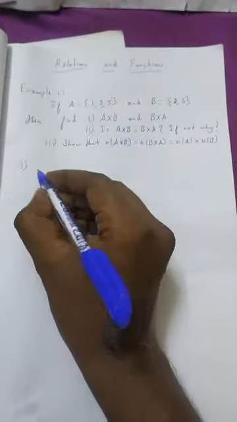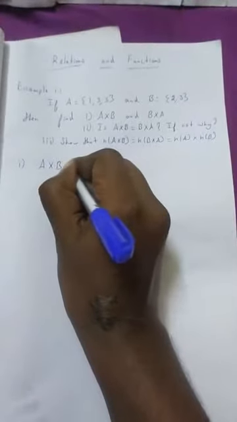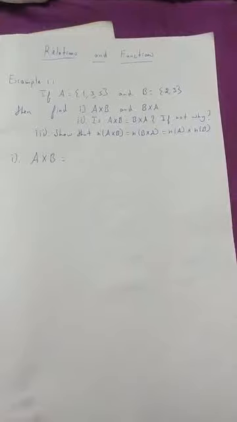So, first one is A cross B. We already know this cross is nothing but Cartesian product. So, A cross B means we have to find the Cartesian product for the given two sets, right?